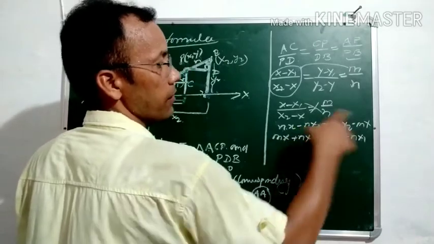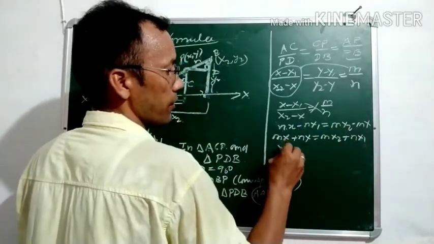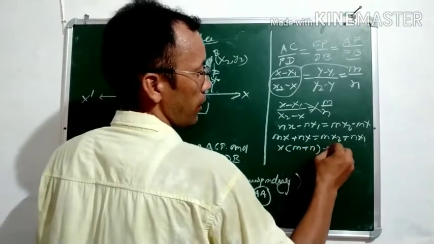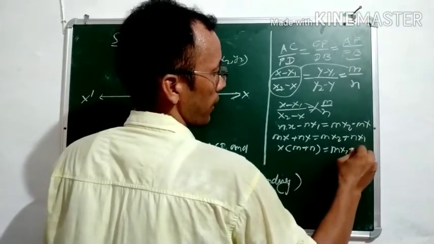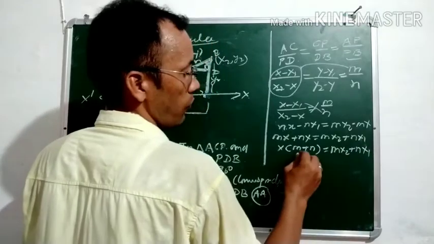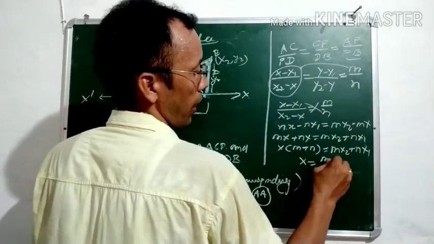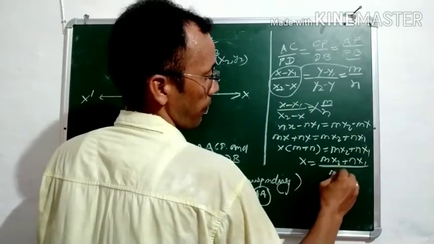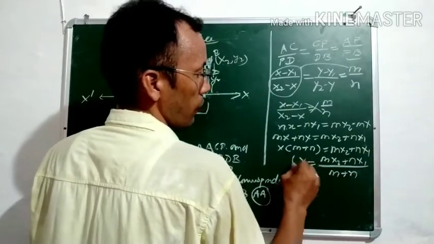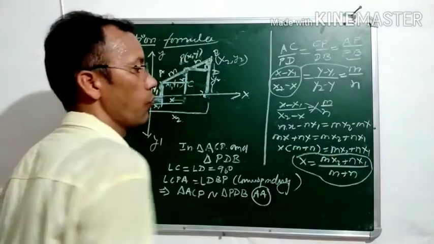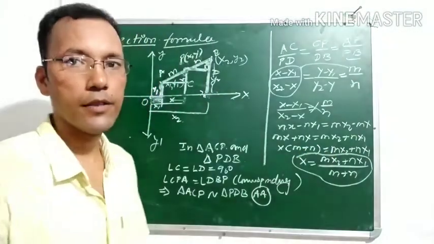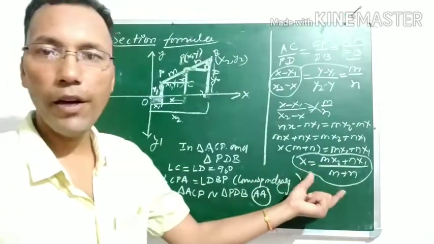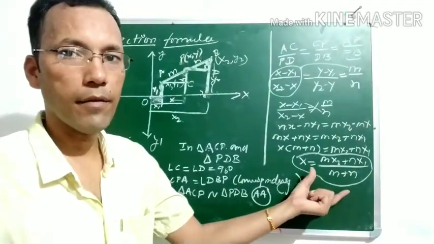Now x is common, so m plus n times x is equal to mx2 plus nx1, and x is equal to mx2 plus nx1 divided by m plus n. That is the rule for x.